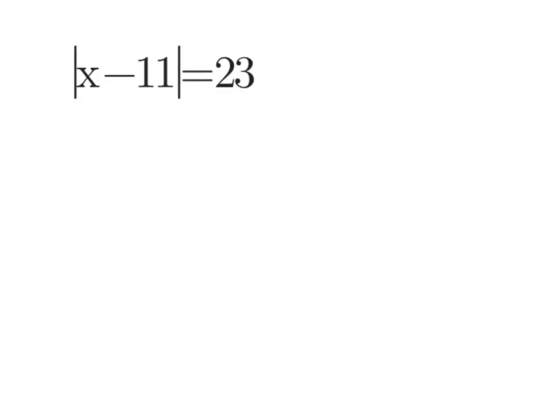So to take a look at just a couple more examples, here we have the absolute value of x minus 11 equals 23. Since we have x minus 11 inside the absolute value, we're finding the distance between x and that 11. So think about 11 as being in the middle. And then we're going to go out to find our x's.